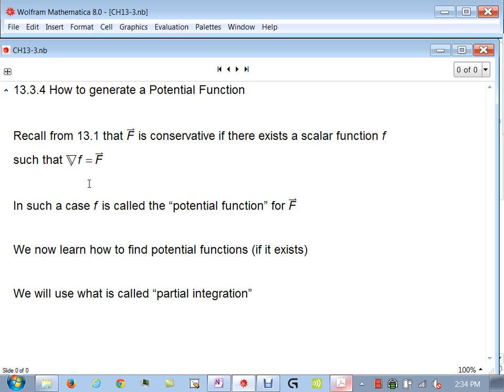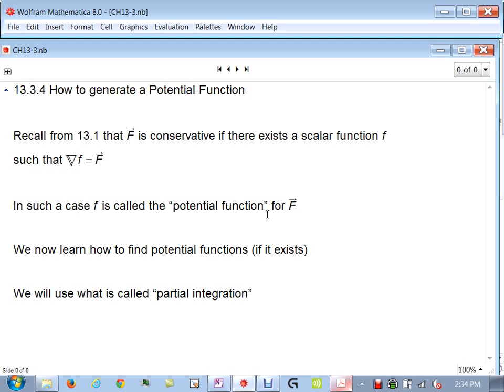That's what conservative meant. In such a case, now we didn't talk about this, little f is called the potential function for F. It's basically the function that creates the vector field. We now learn how to find potential functions if one exists, and we will use what's called partial integration.